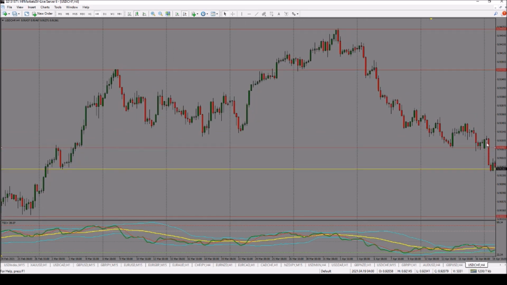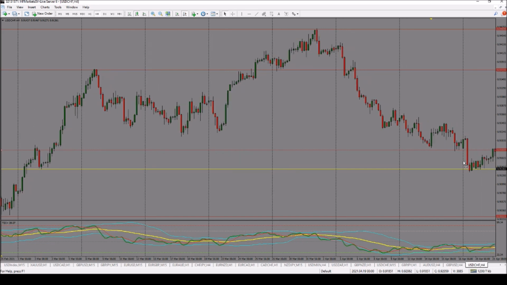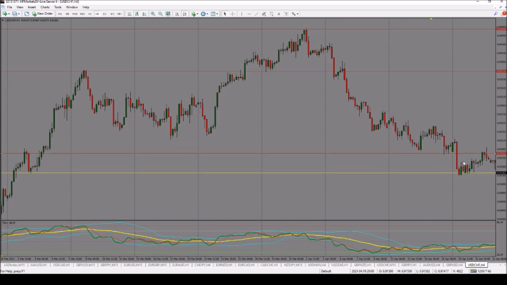There we can see that the market has actually broken this support, right? And the market came back to retest that support, which is now a resistance.